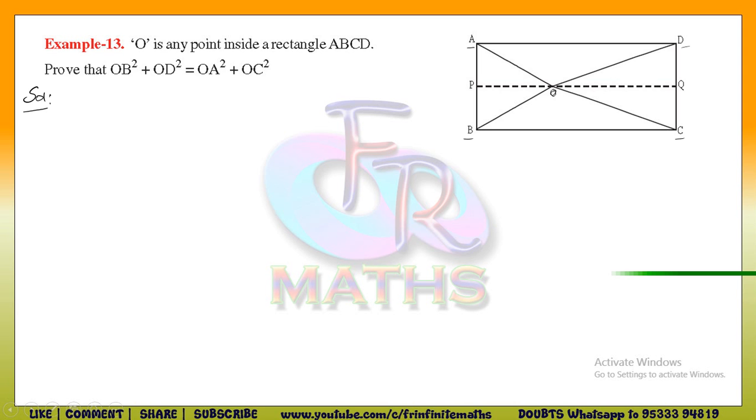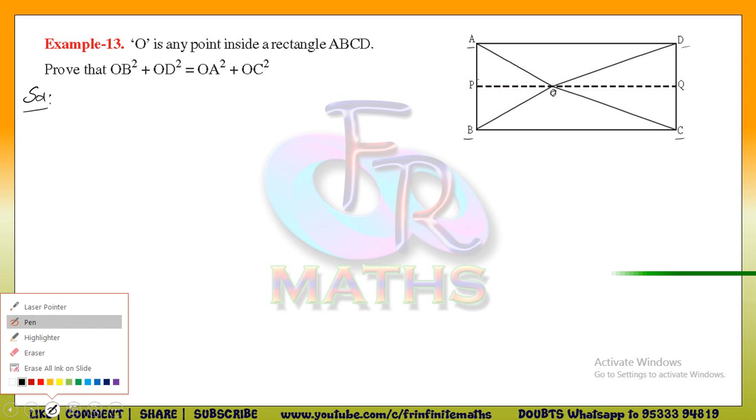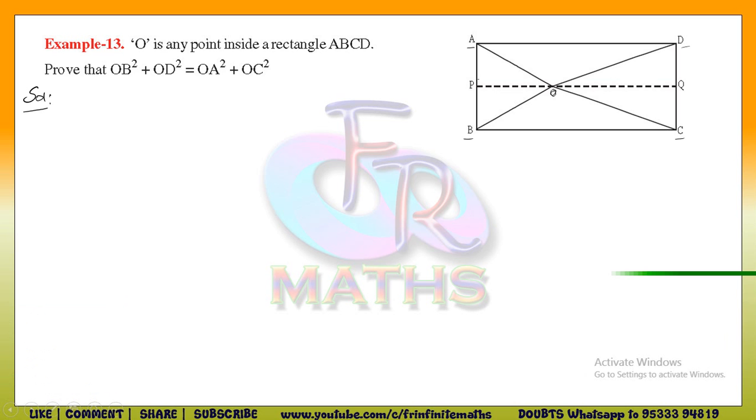And after that we have drawn a line PQ which is passing through O, parallel to the sides. Then I can simply say that these are perpendicular, so here also we are going to get perpendicular things.